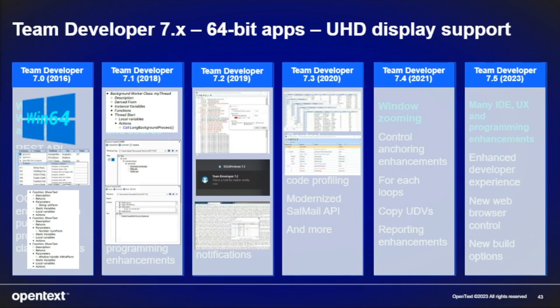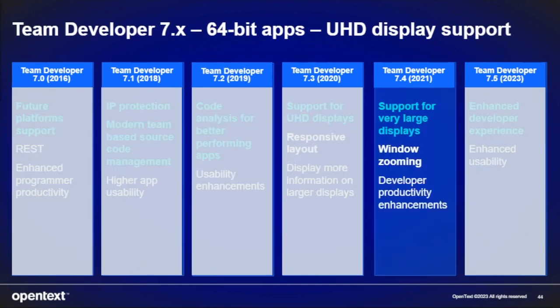Now, control anchoring, displaying more information in the case of having larger displays, is one of the options. The other option is you want window zooming. You basically have a 4K display and you want the contents of the window to be larger fonts, and you have the same kind of information but in a larger font.